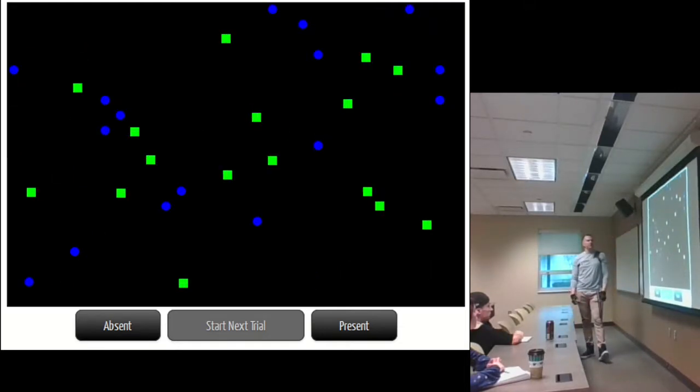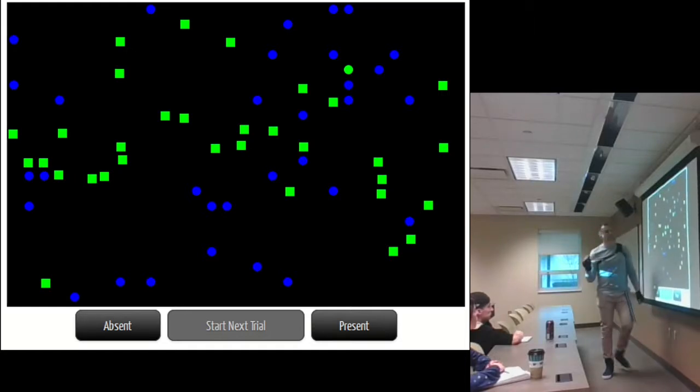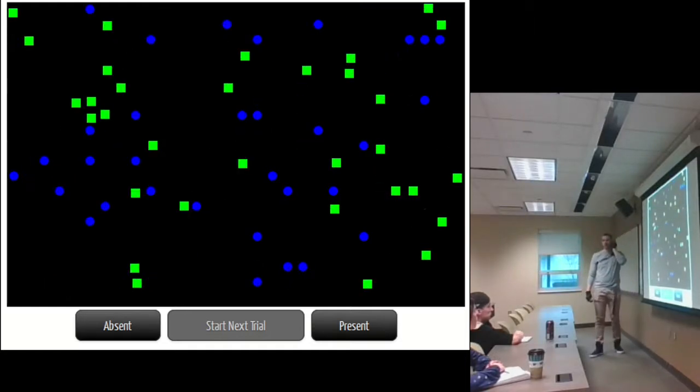This is green circle absent. And then finally, we have 64 distractors. Green circle is present. It's right up there. And then this is an example of green circle absent. So in each case, the number of distractors might be changing, but your task was always the same: where is that green circle?